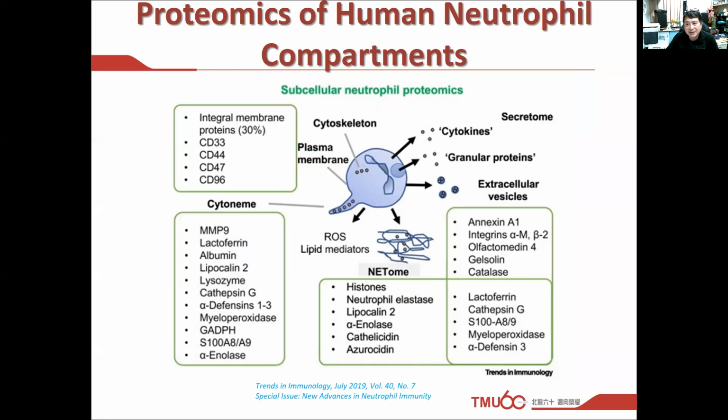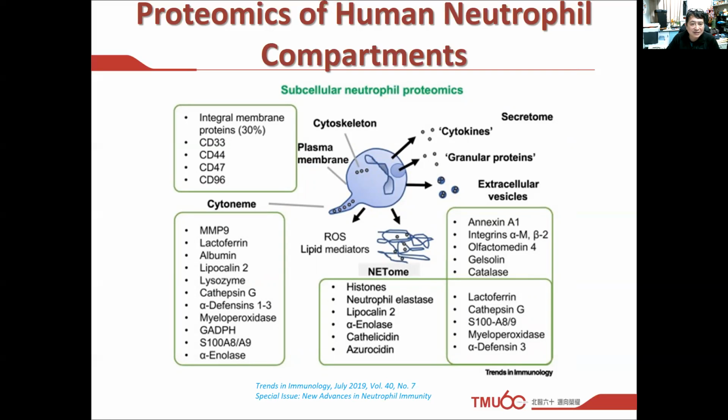Let's see the details, the granules in the neutrophils. Okay, you can see a lot of people working on neutrophil biology. We call it proteomics of human neutrophils. It contains different adhesion molecules like CD33, CD44, CD47, CD39. Okay, there are a lot of different membrane-bound proteins, and their granules contain different proteases.